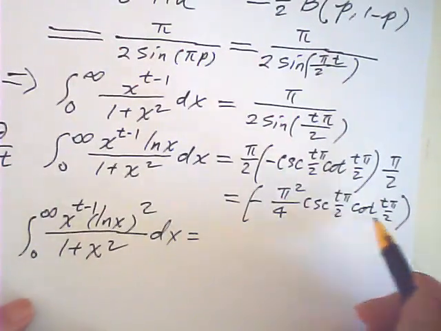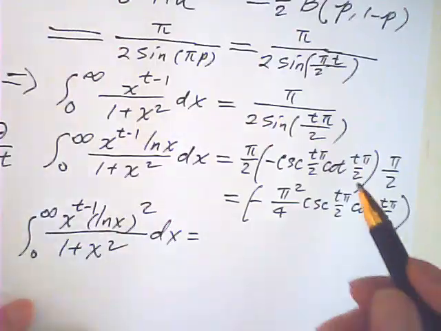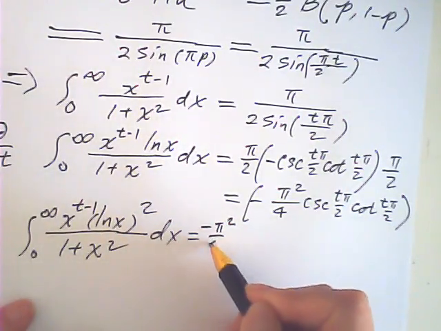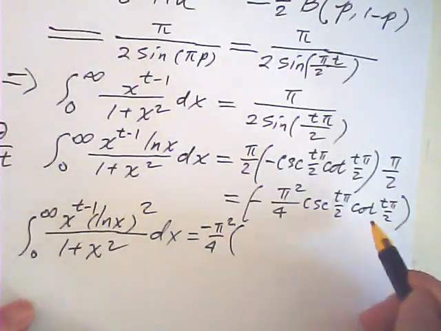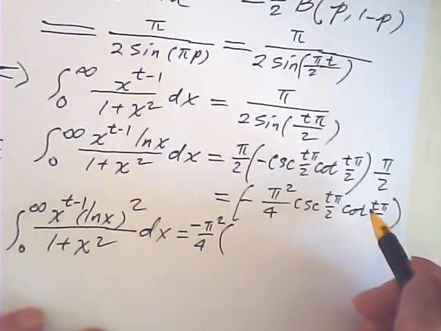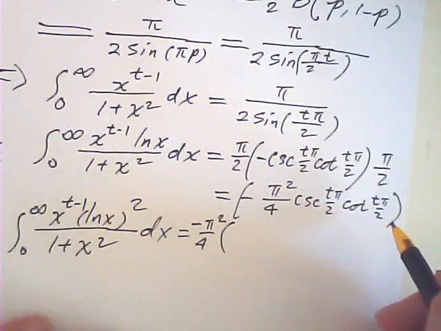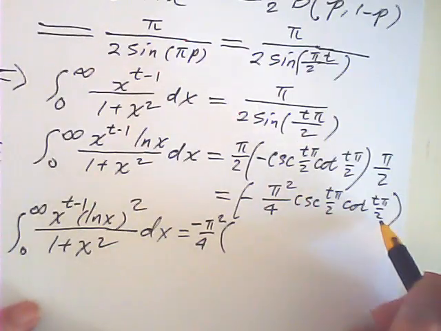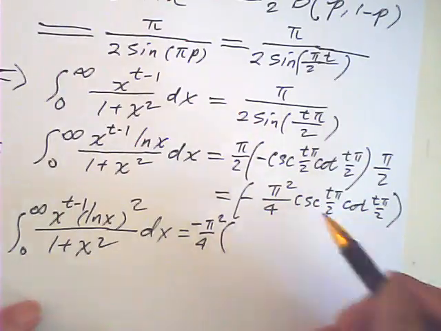On that side, taking the derivative with respect to t, the constant is taken out with a minus sign. Now we're using the product rule: this derivative times this, plus this derivative times this.